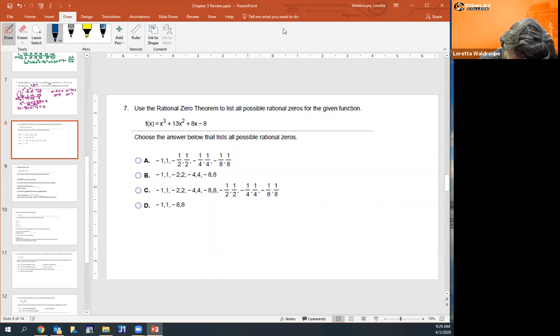All right, use the rational zero theorem to list all possible rational zeros. When you're looking for the possible zeros, you're looking for the factors of the constant, or the term with no variable, over the factors of the leading coefficient.